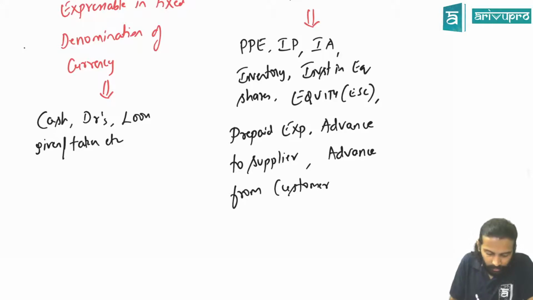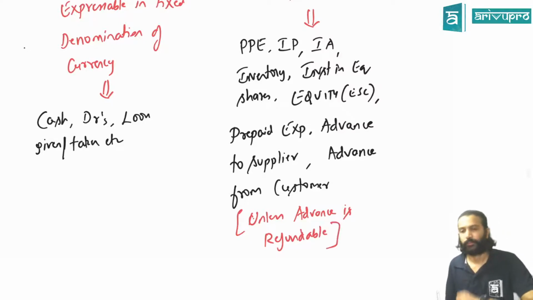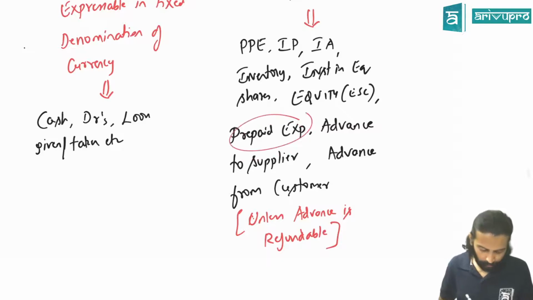In brackets you can write: unless advance is refundable. Understood? Prepaid expense, why is it not a monetary item, sir?